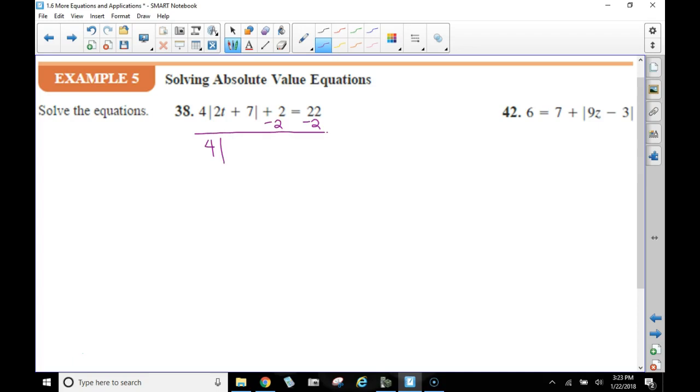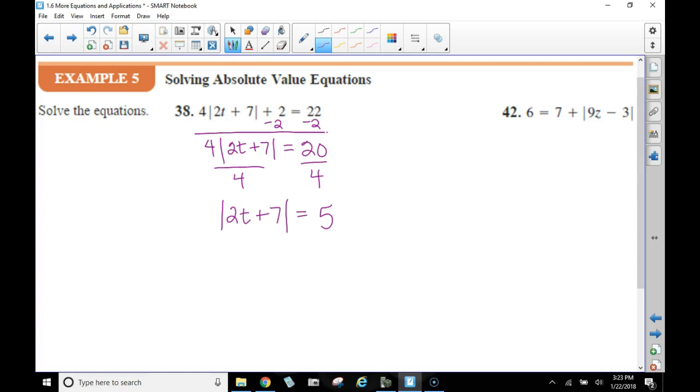So we have 4 times the absolute value of 2t plus 7 equals 20. Now divide both sides by 4. So we have the absolute value of 2t plus 7 equals 20 divided by 4 is 5.